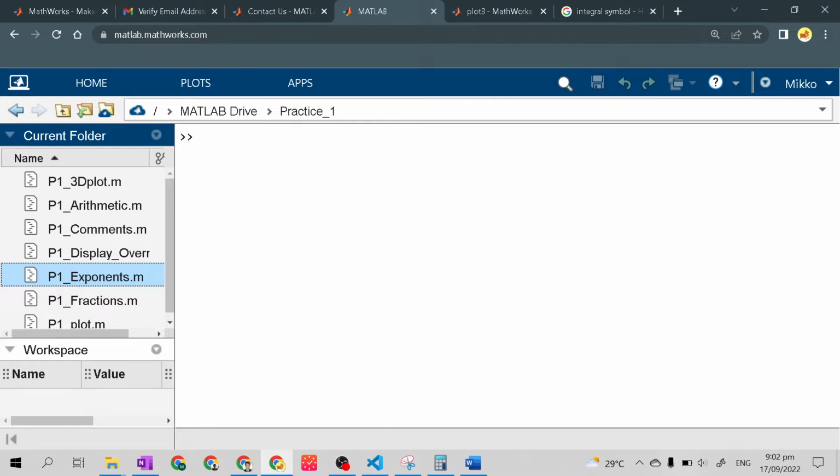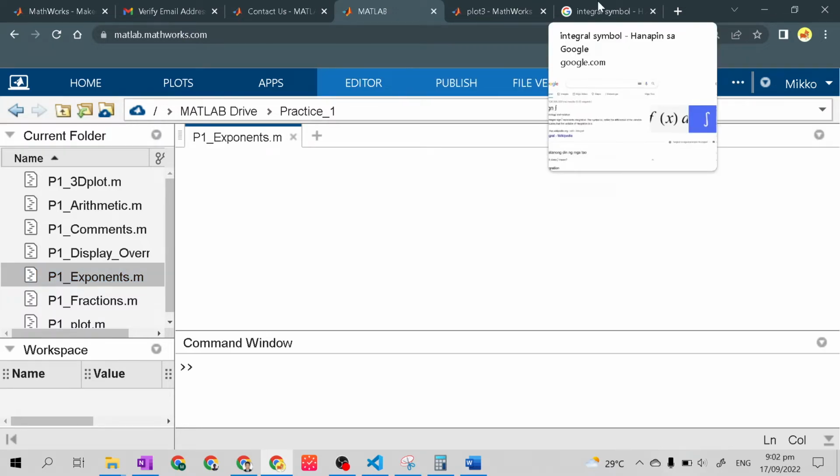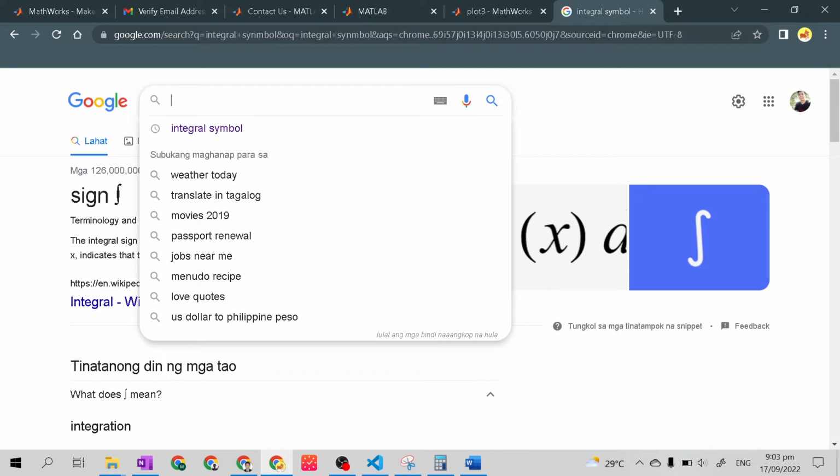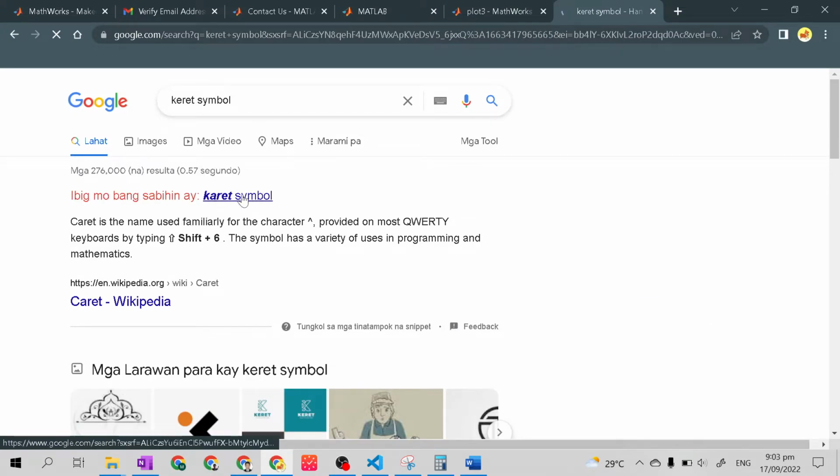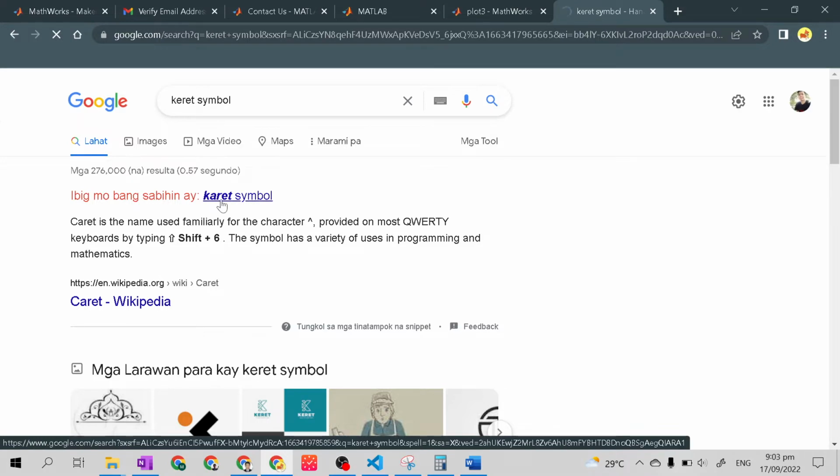The script is not appearing yet. Okay, so caret symbol. Oh, it's caret. So shift 6 for the caret.